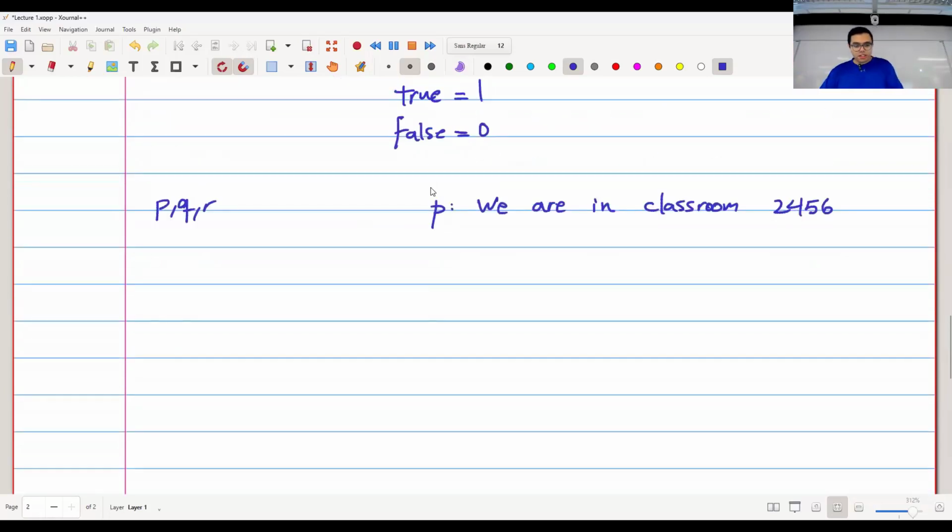So here's one thing I can do. I can do negation. These are the operations that I'm going to allow. My first operation is just negation.